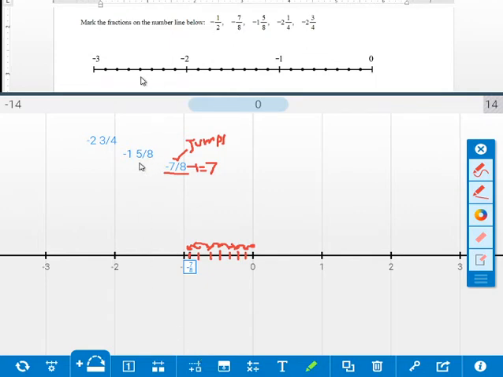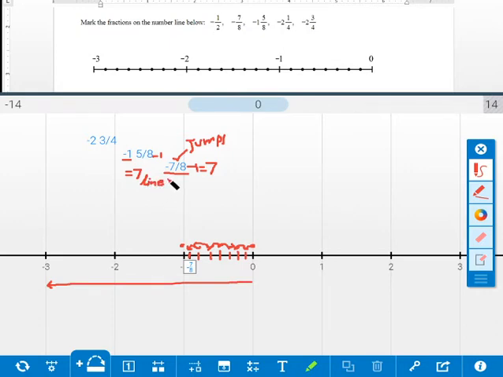Now come to the next number, which is minus 1 whole 5 by 8. We'll be starting with minus 1. So minus 1 is here, this is our starting point. Because we are moving towards a negative number, we'll be moving towards the left. On the left-hand side we'll be dividing into 8 intervals, which means 7 lines.